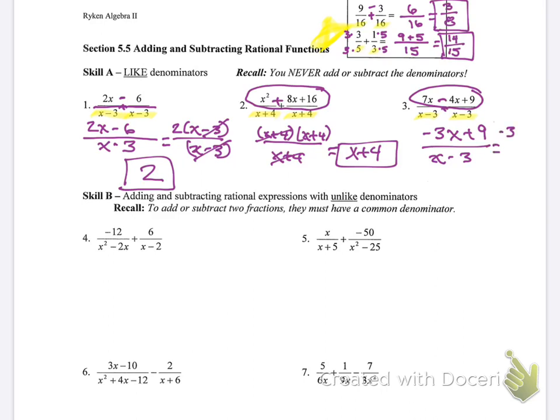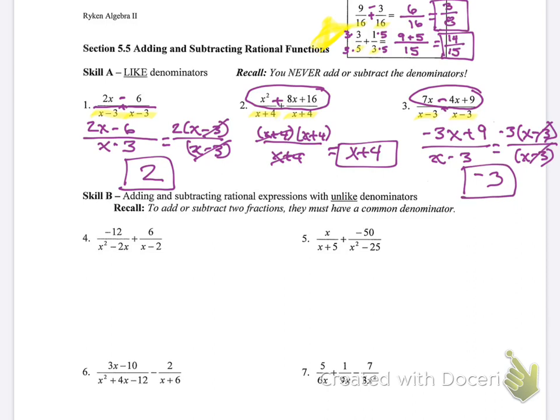Sure, I can take out a negative 3. If I do that, negative 3x divided by negative 3 is x. 9 divided by negative 3 is negative 3. So on top, that actually factors to negative 3 outside, and then in parentheses, x minus 3. Then on bottom, I have x minus 3. Those x minus 3's cancel, and I'm just left with negative 3 as my final answer.